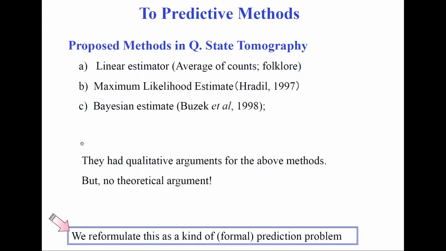Around 2000, they had qualitative arguments for the above methods, and no theoretical argument. Thus, here we reformulate this problem as a kind of prediction problem in a statistical framework in the next section.